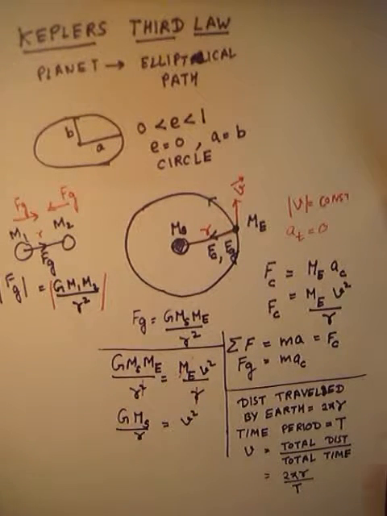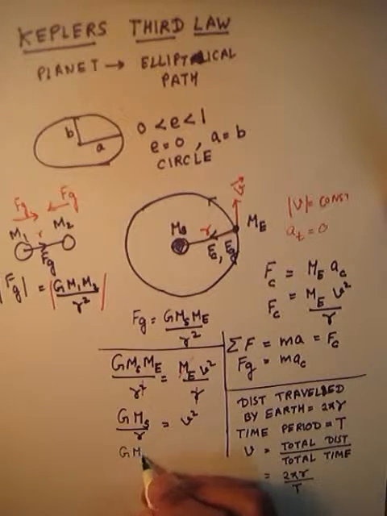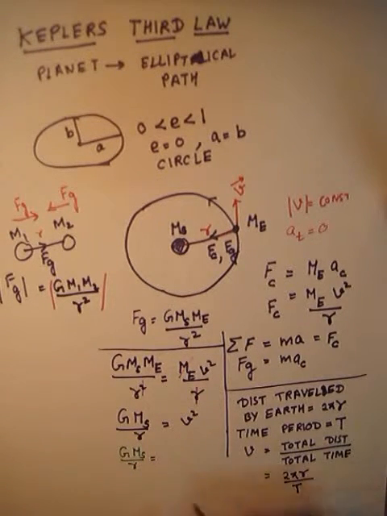So now let us replace it in this equation, and what we'll get is G M_S upon R will be equal to V squared, so it will be 4 pi squared R squared upon T squared.